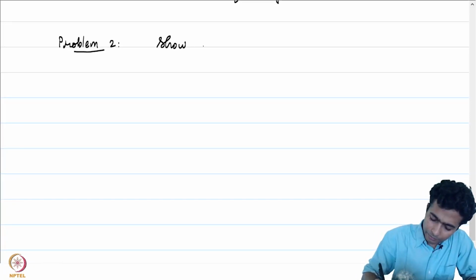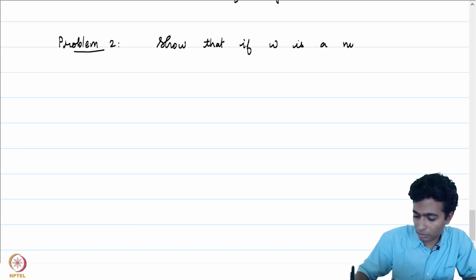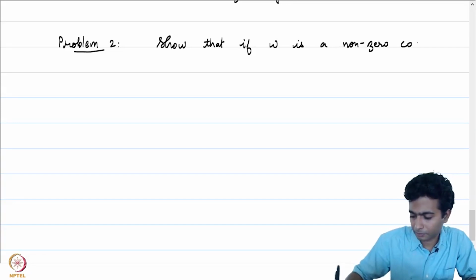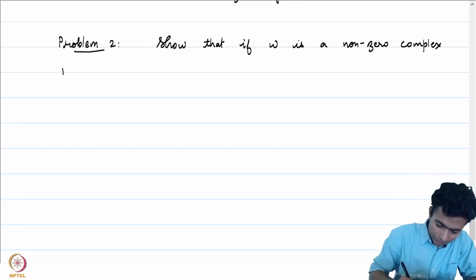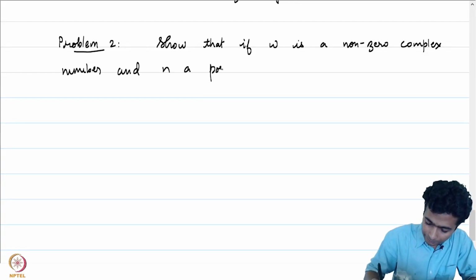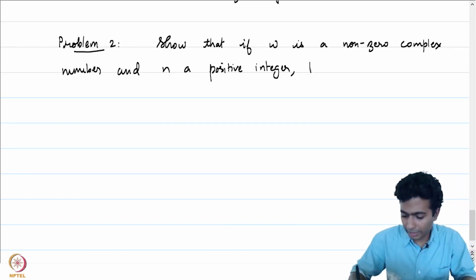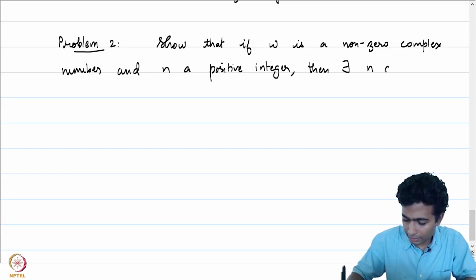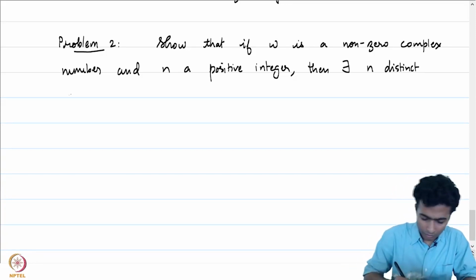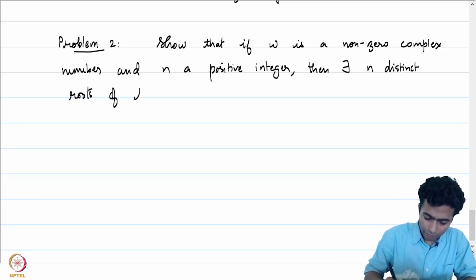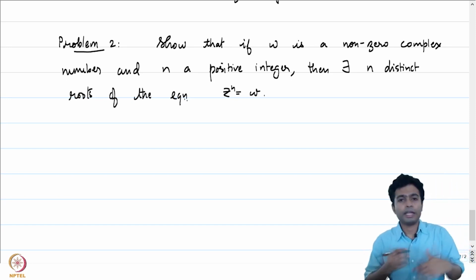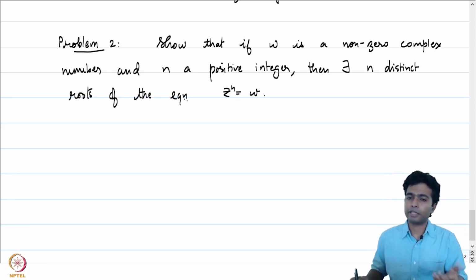Show that if w is a non-zero complex number, and n a positive integer, then there exist n distinct roots of the equation z to the power n is equal to w, and any two such roots differ by multiplication by a root of unity.